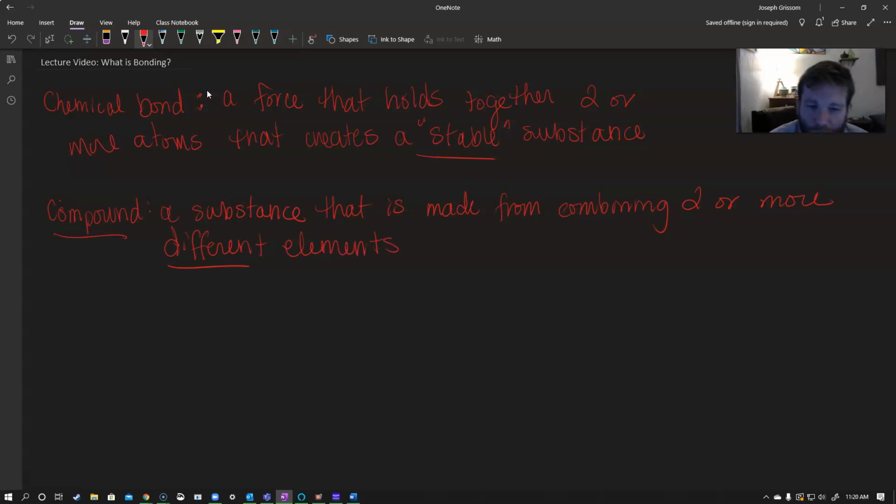And when I say two or more different elements, if we're going to be creating a compound, what we're going to be doing is putting together different things from parts of the periodic table in order to create a new substance. All right, another term you might see is a molecule, okay.